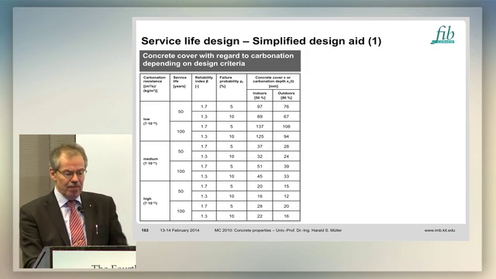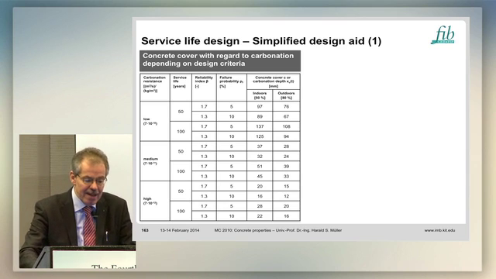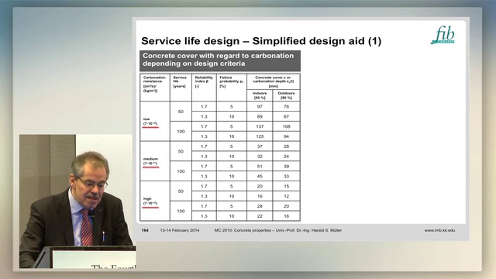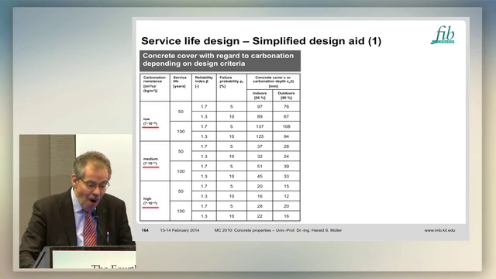I constructed, for example, one example for a simplified format, and I did it that way. You see here, for example, with regard to carbonation, I divided my concrete into 3 different categories: low, medium, and high carbonation resistance. And I also now offer in this table the service life, vary 50 or 100 years, as you like.